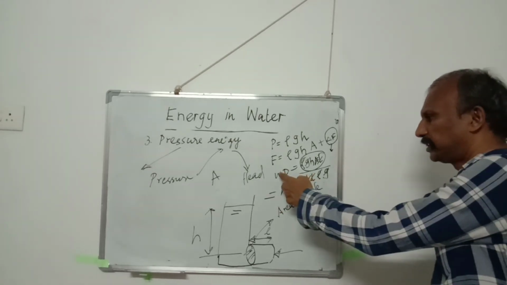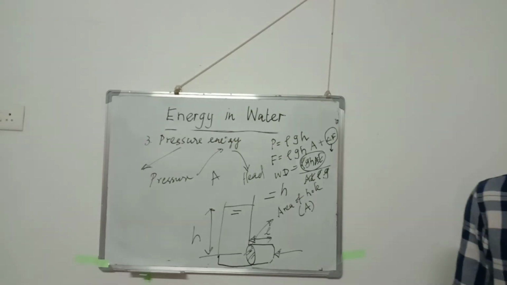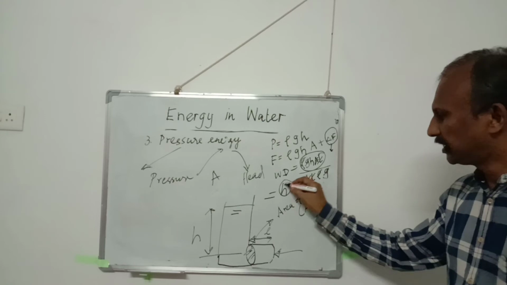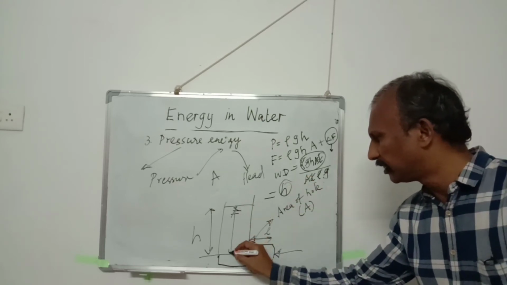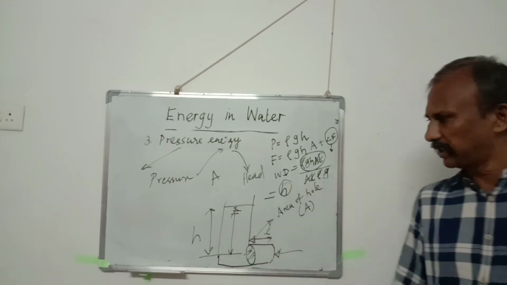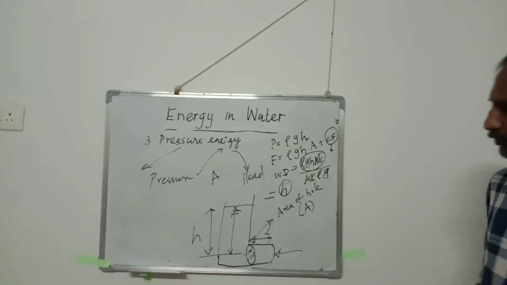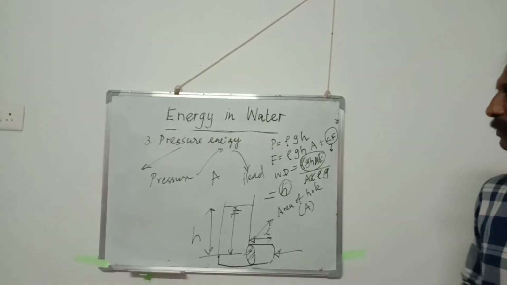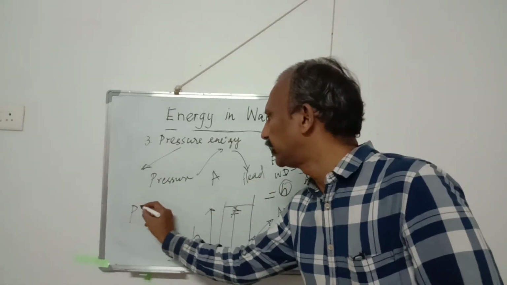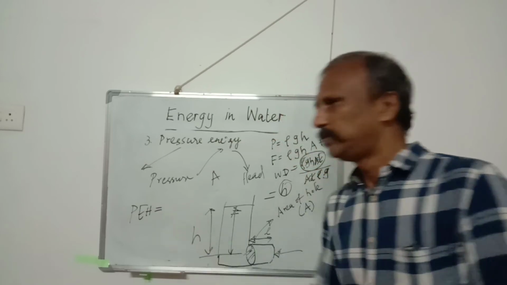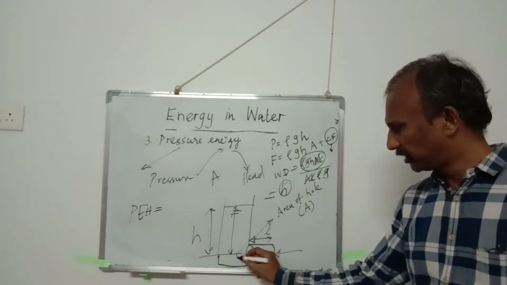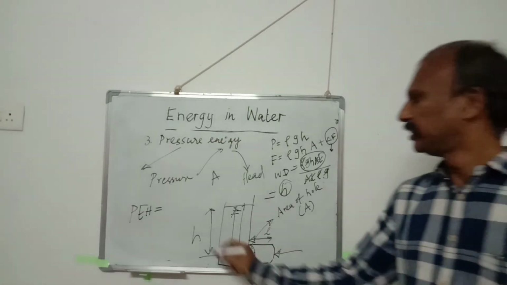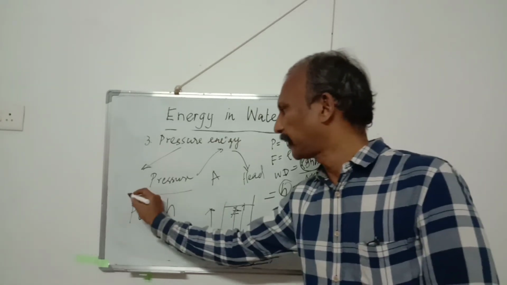So work done per unit weight, or pressure energy possessed by the water per unit weight, is just h, and that is equal to the height of the water that is standing above this location. So in order to find out pressure energy head, if you just measure at any point the height of the surface, then you get the pressure energy head.